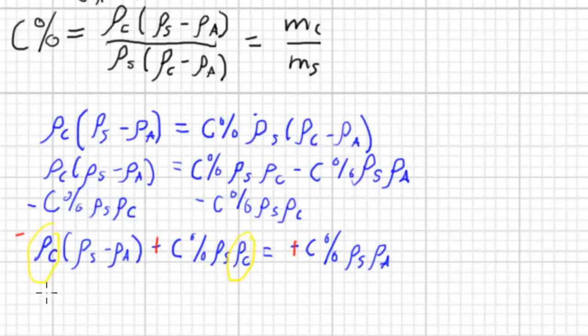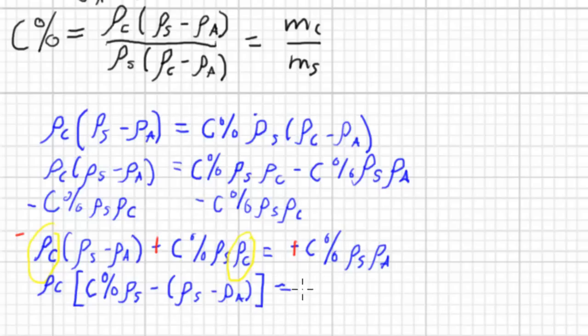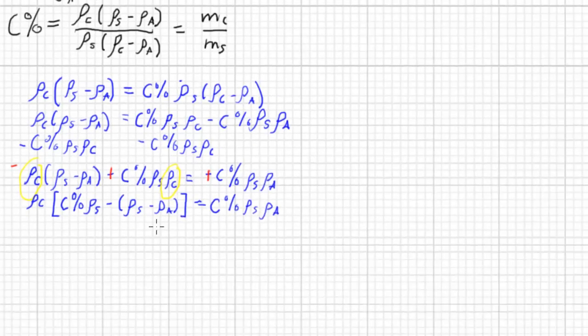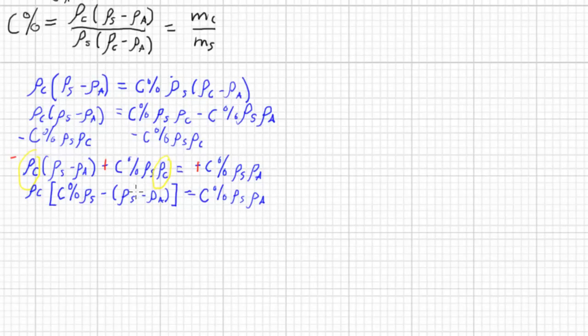So to that end, take rho C times C percent, density of the sample, minus, all equals this bunch. Okay, let's take care of some of this in here.